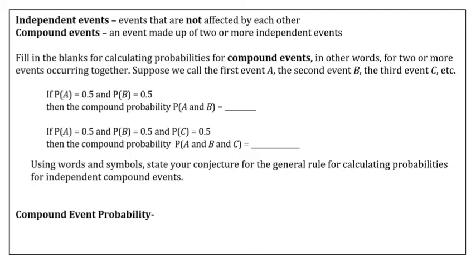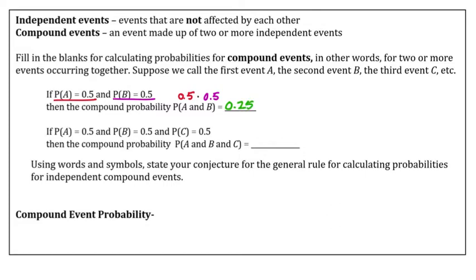So when it says what's the probability of A and B on this one, well, it says here that the probability of A is 0.5. The probability of B says it's also 0.5. And remember, in order to find the probability of compound probabilities, you just take the independent probabilities and multiply them. So that's 0.5 times 0.5, which for me shows as 0.25.